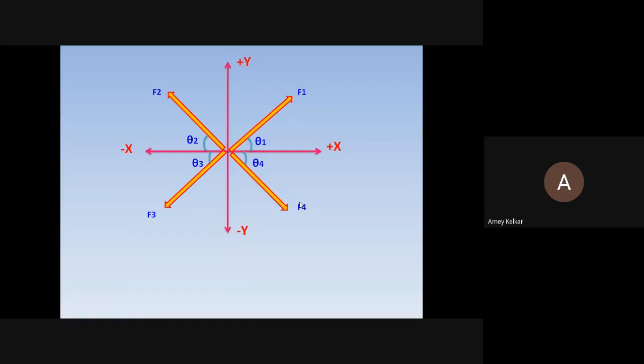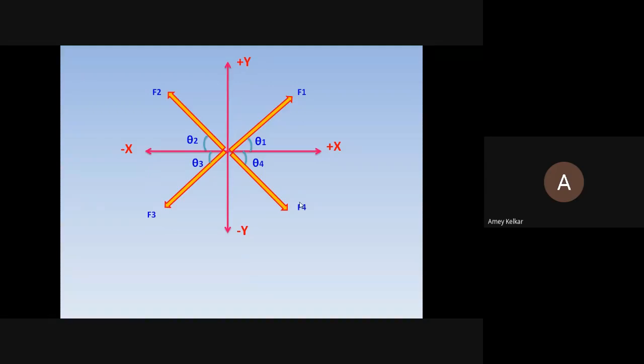We have a force F1 subtending an angle theta 1, force F2 subtending an angle theta 2, force F3 subtending an angle theta 3, and force F4 subtending an angle theta 4. In this example, all the angles are made with the x-axis only.